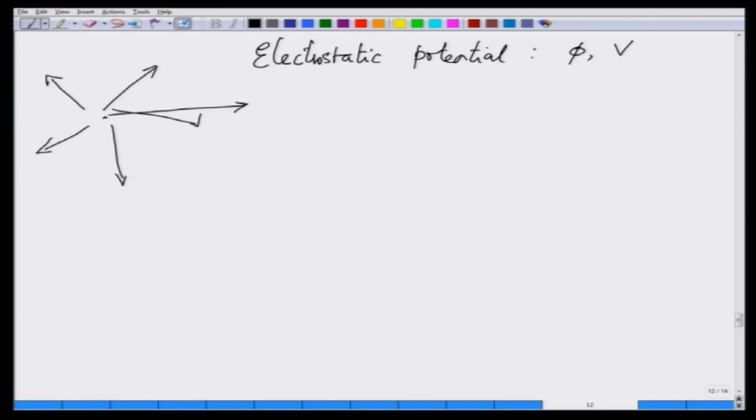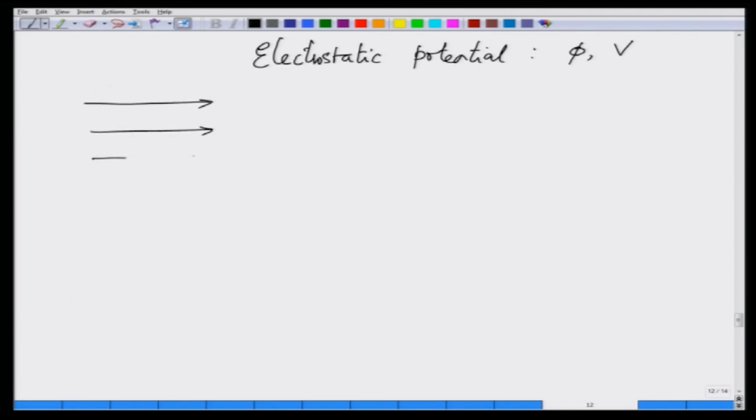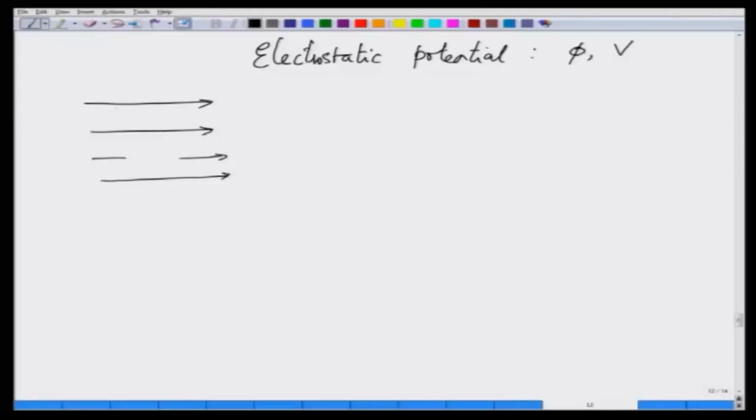Let us say I do not want to choose the point charge, I choose a particularly interesting electric field which I somehow have generated, in which the electric field is pointing horizontally and it is all uniform along this particular direction. Such an electric field we have already discussed how to obtain. You can have a long line of charge and this is essentially the electric field that it would be producing, except that its magnitude would be decreasing, but here I am going to assume that the magnitude is the same.